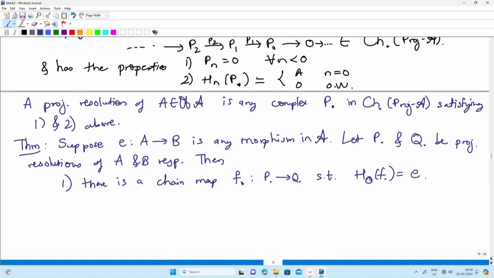And the second one is that any two such chain maps, I mean chain maps which satisfy the first condition, are homotopy equivalent.